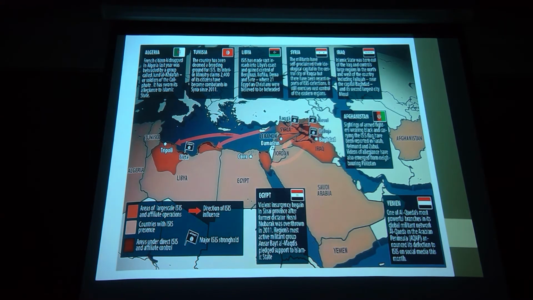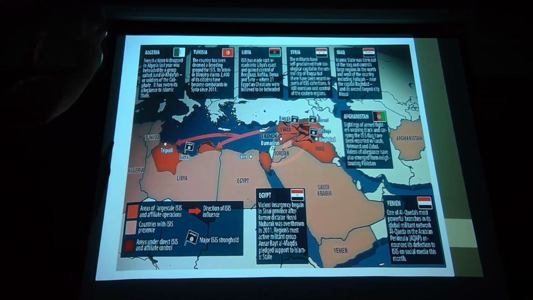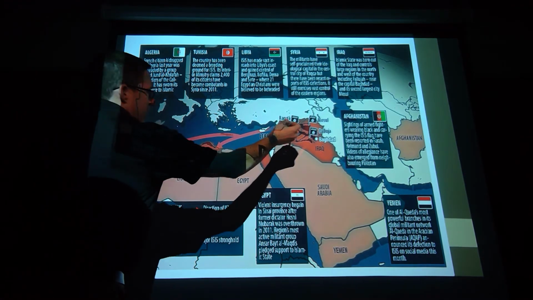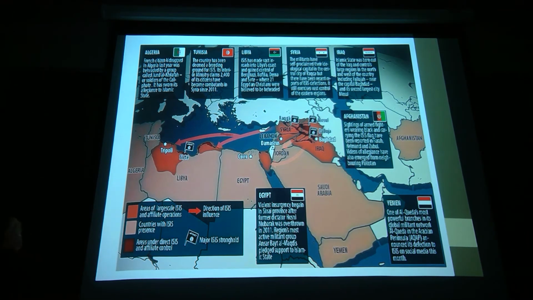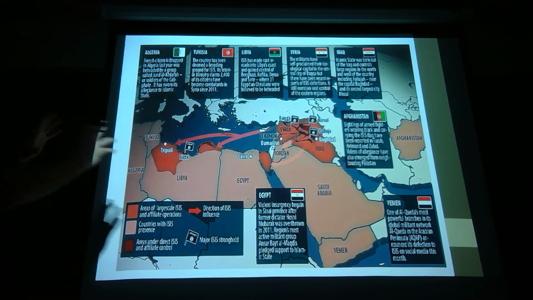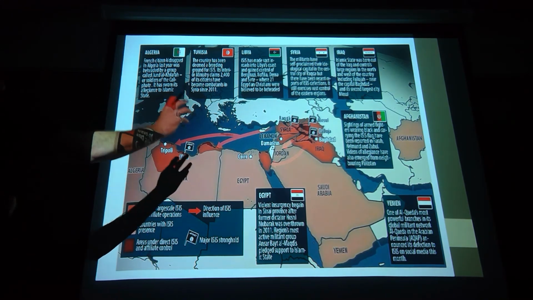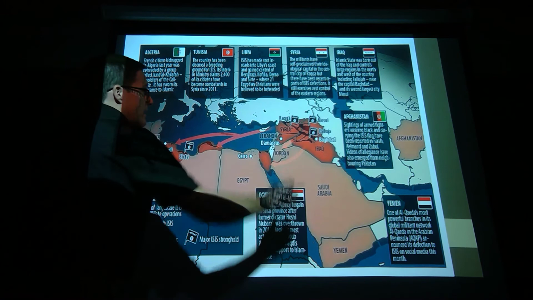Alright, so, again, why do we say we worry about this? It's all the way over here. All the way over there. These are different things that have happened in the world in the last 5 years that have been influenced by ISIL exporting their terrorism. I'm not going to read these to you, but you can see that it has a wide-ranging effect on many areas across Northern Africa, obviously in the Middle East specifically, and even over in Afghanistan.